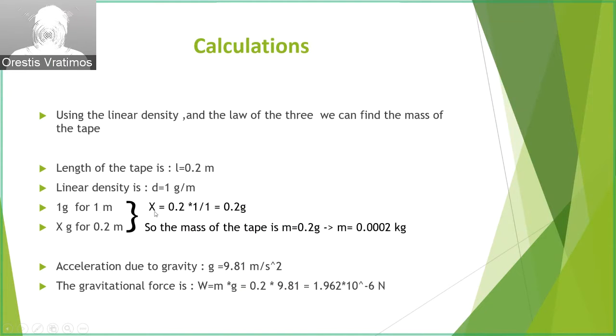Using the rule of three, we get that the mass is 0.2 grams, and we need to convert that mass into kilograms so that we can use the gravitational force equation, which is mass times g, with the g that we all know, 9.81 meters per second squared. Then we got the number 1.962 times 10 to the power of negative 6 Newton, of course.